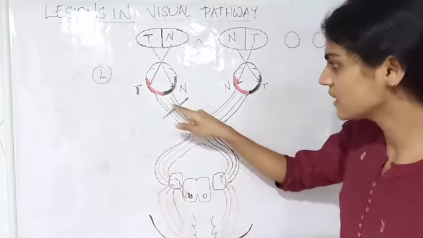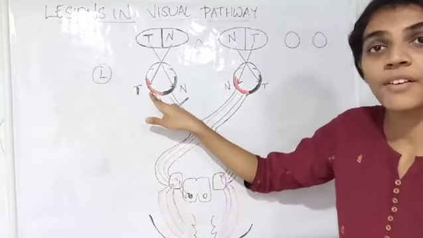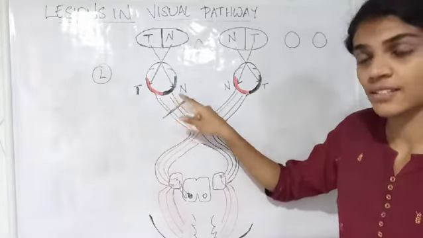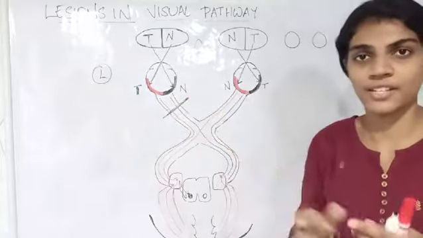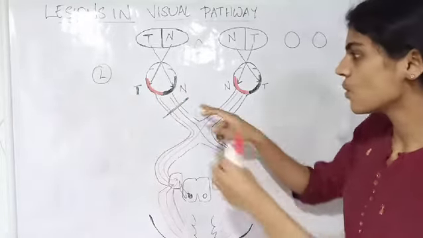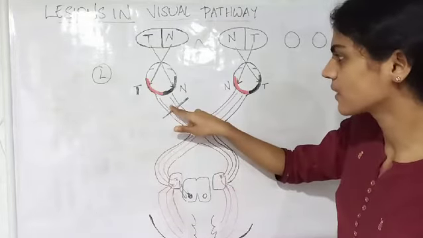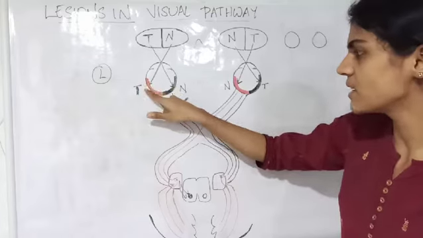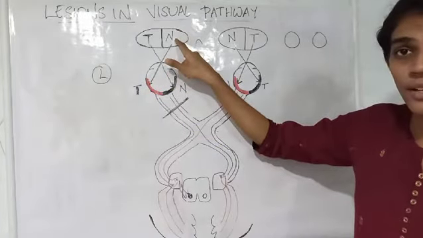You can see this red one is the temporal retinal fiber, and this one is the nasal optic fiber. If we follow this path, you can see this optic nerve is arising from the temporal side, and this temporal side is struck by light rays from the nasal region.